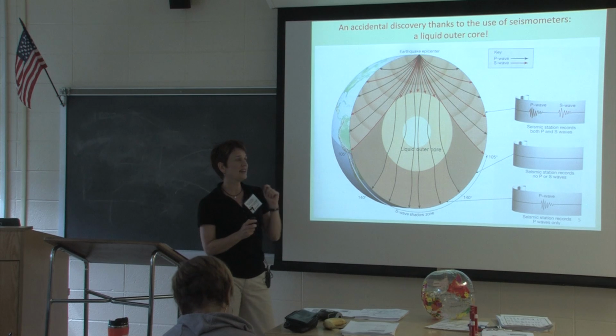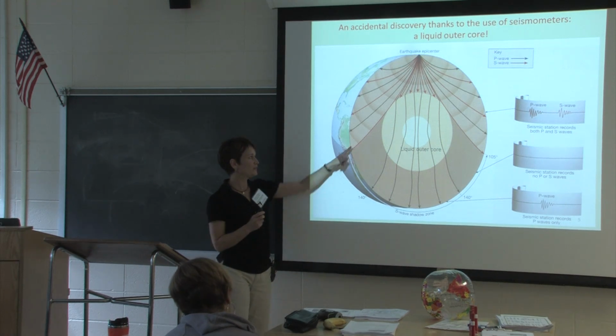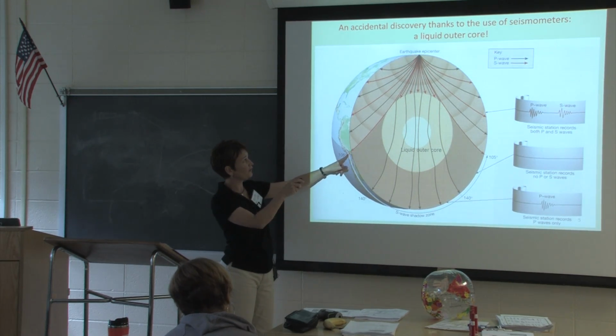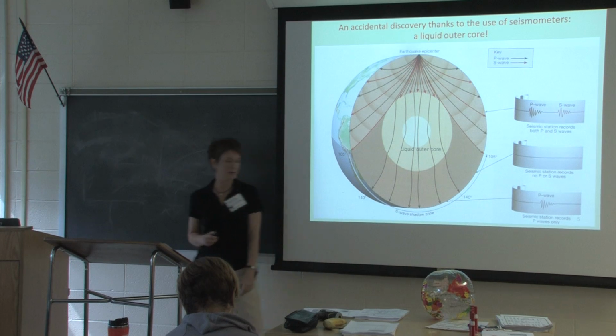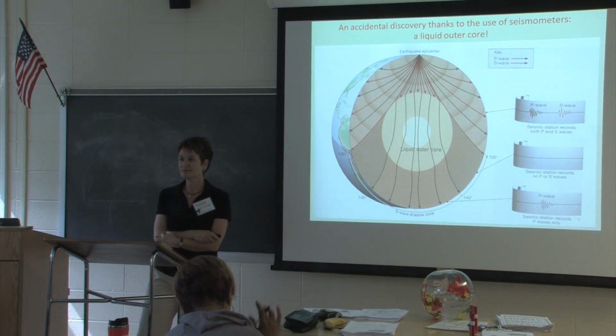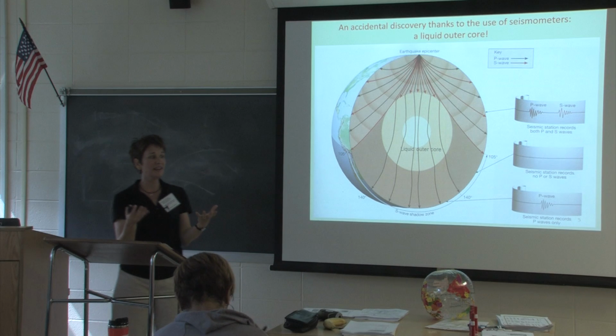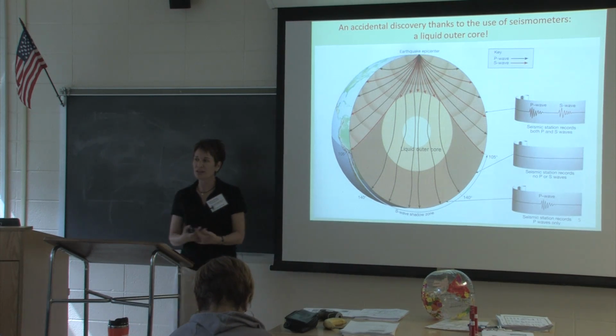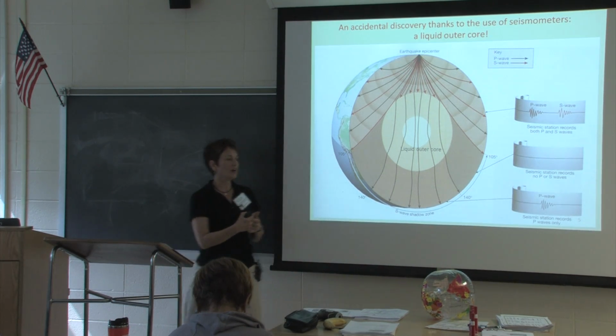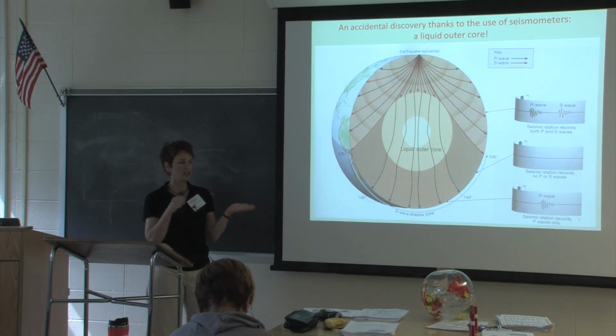But we don't see S waves doing the same thing. S waves will travel no further than 105 degrees away from the center of this earthquake. Why is that, do you suppose? Yeah, they can't travel through liquids. S waves are waves that travel by the change in shape.